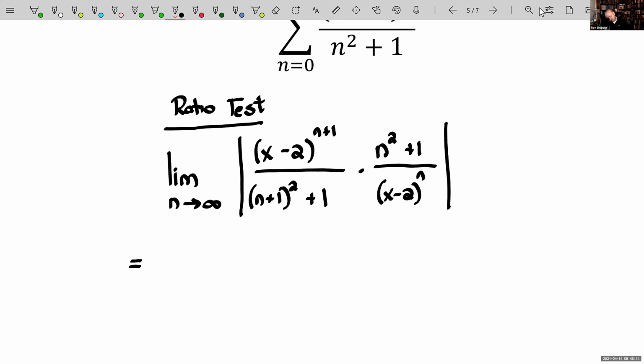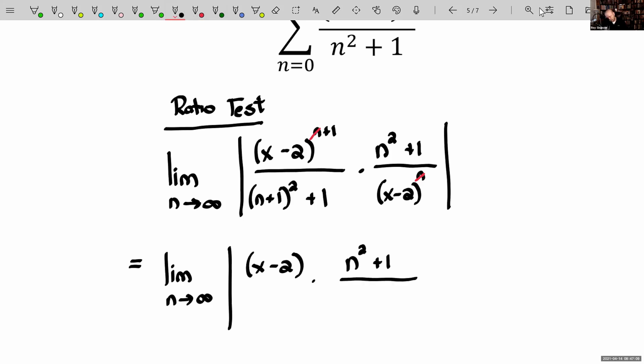When you clean this up, this will be the limit as n tends to infinity, absolute value. Notice as far as x minus 2's go, we have a single power in the numerator now. Let me go ahead and write that down because the nth powers of them canceled. And then we have this product of n squared plus 1 over, and I'll distribute this out, n squared plus 2n plus 1 plus 1.